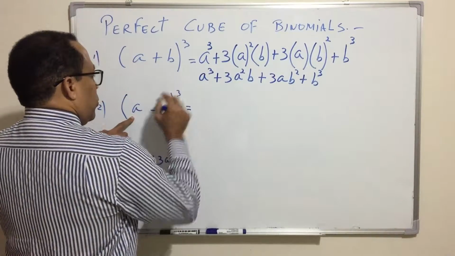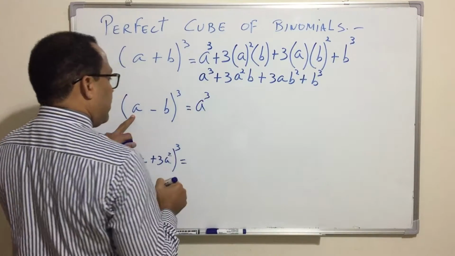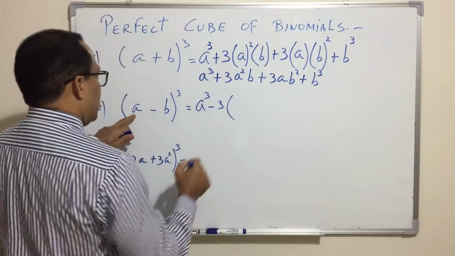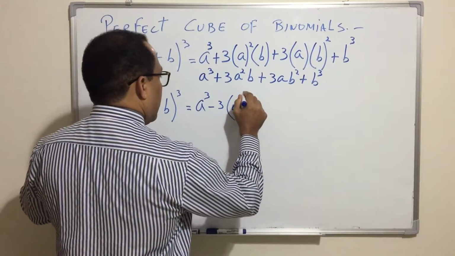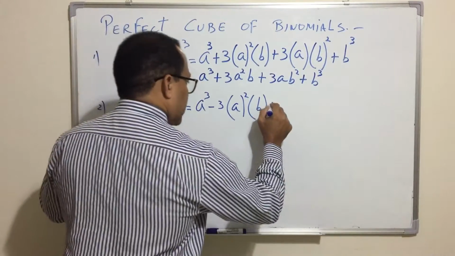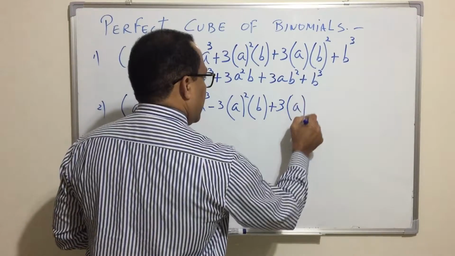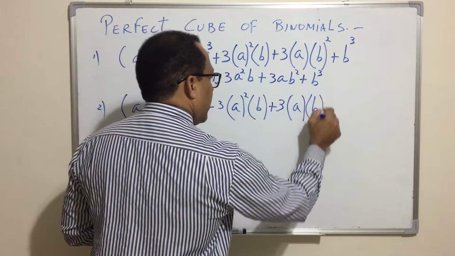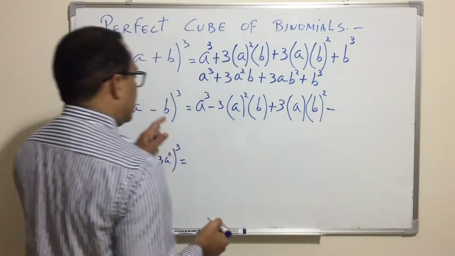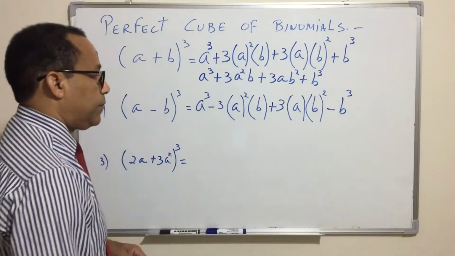A minus b to the third power is equal to the first term to the third power minus 3 times the first term to the second power times the second term plus 3 times the first term times the second term to the second power minus the second term to the third power.